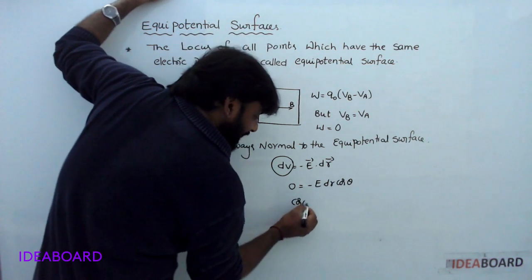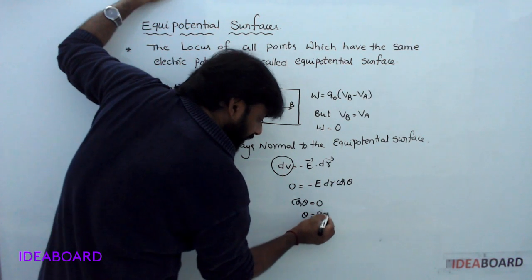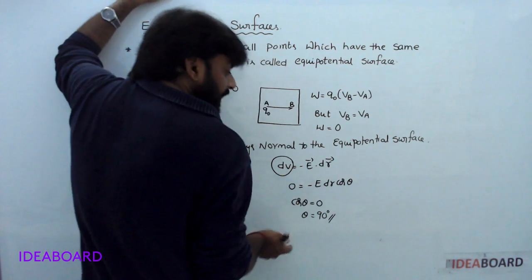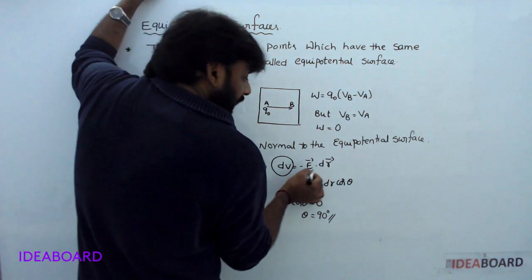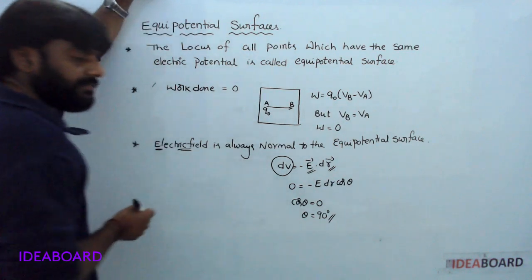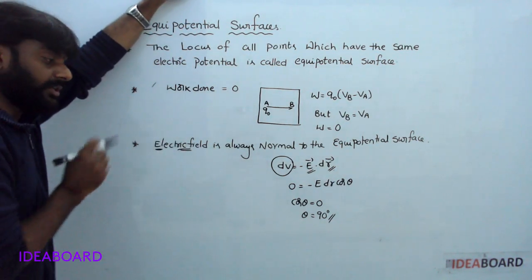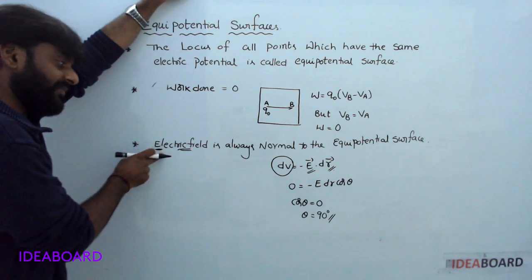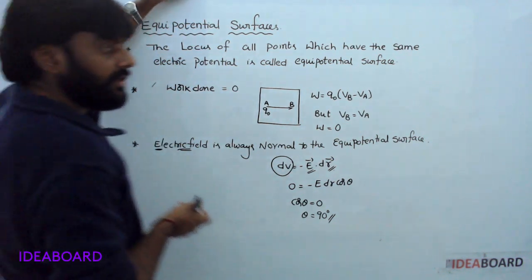So cos theta is 0, which means theta is 90 degrees. Here theta is the angle between the electric field intensity and that displacement. So theta is 90 degrees. Electric field is always normal to the equipotential surface.